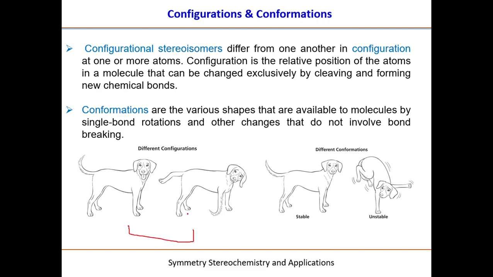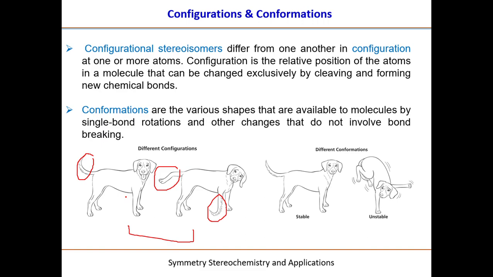Here the tail is there, and here we have this. It's just for understanding. Are these two molecules the same? Suppose this dog is a molecule. No, right? The bond position, or we can say the tail and leg position, is different. So these are different configurations.